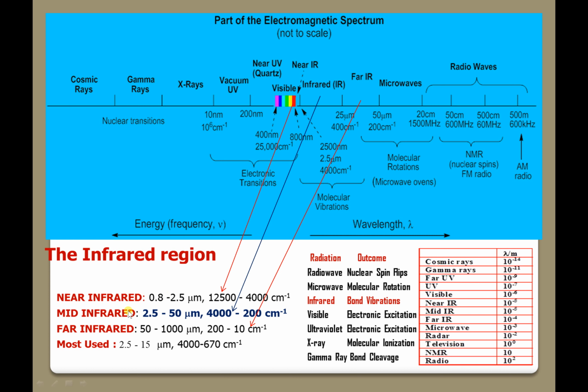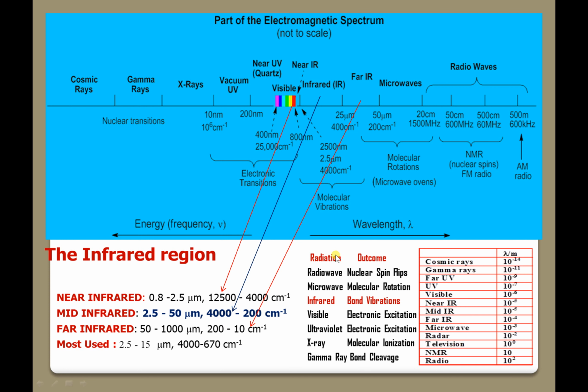And so here this is the range given of the near infrared, that is something around 4000 centimeter inverse to 12,500. This is mid infrared, which is 200 to 4000. This is our mid infrared we are going to talk about. This is far infrared, 10 to 200, and most used is this region. So this region we are using most, mid infrared.